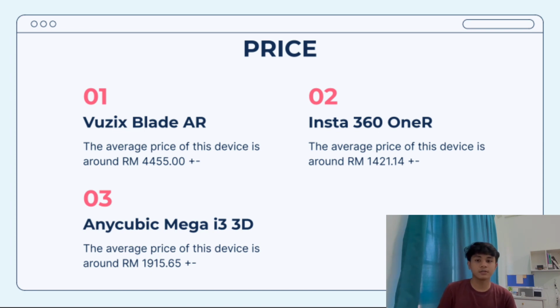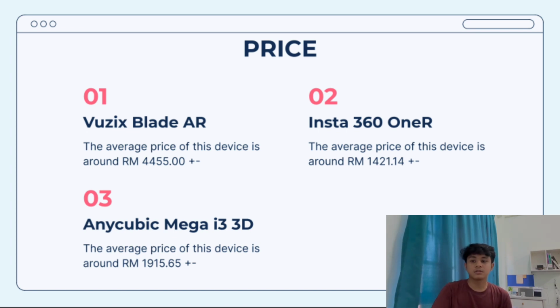The price of this device is around 1,400 to 2,100 ringgit, which is reasonable considering its functionality and smart features. 3D printing uses computer aided design to create three-dimensional objects through a layering method, sometimes referred to as additive manufacturing. 3D printing involves layering materials like plastic, composites, or biomaterials to create objects that range in shape, size, rigidity, and color.